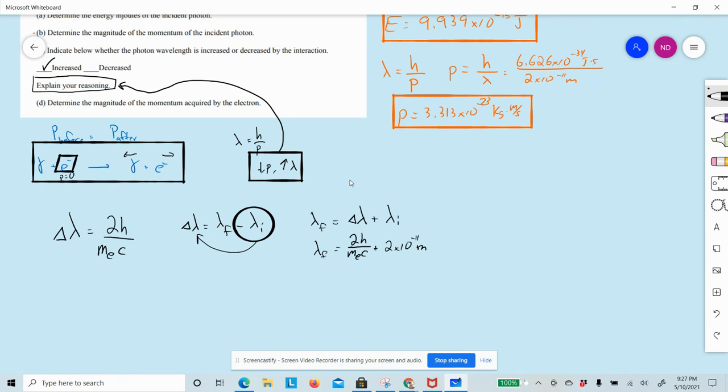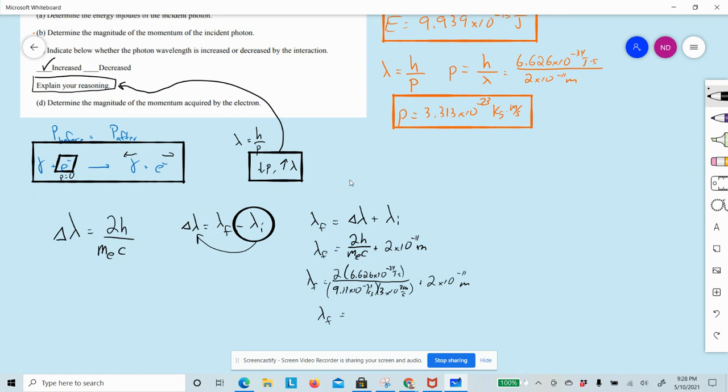So do all this math. 2 times Planck's constant, 2 times 6.626 times 10 to the minus 34th joule seconds over 9.11 times 10 to the minus 31st kilograms times 3 times 10 to the 8th meters per second, plus 2 times 10 to the minus 11 meters. You do all this arithmetic and let's see what we get.